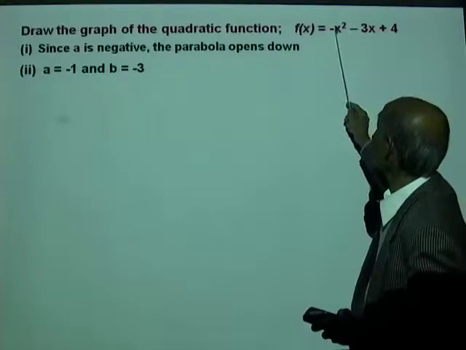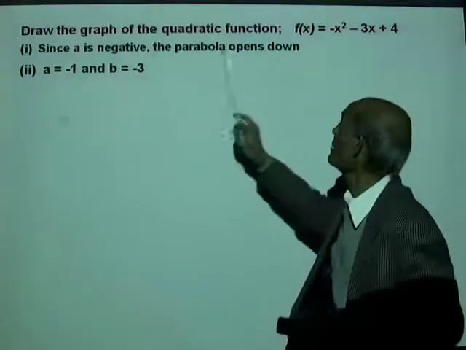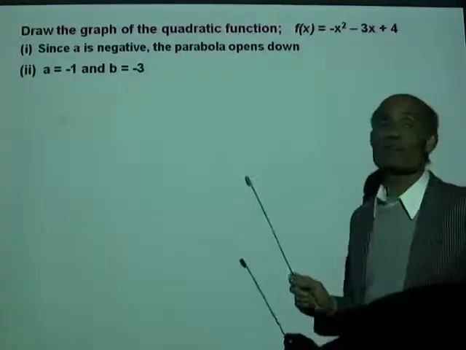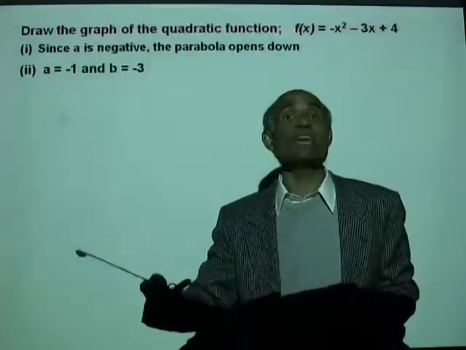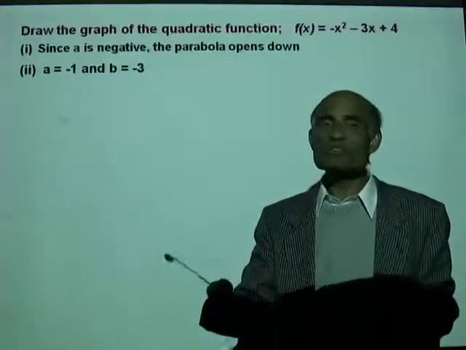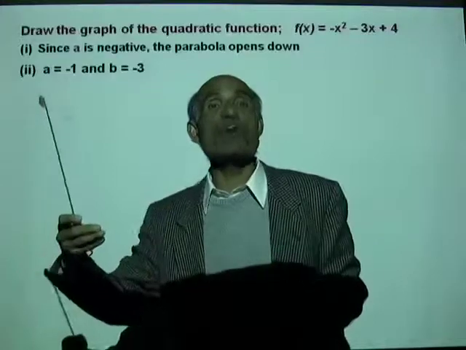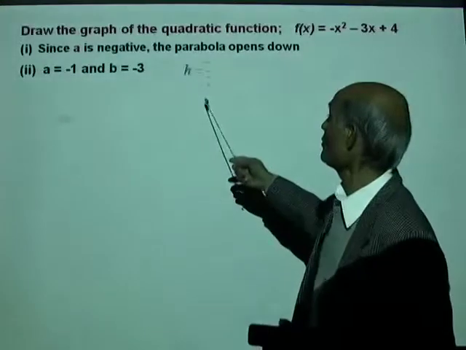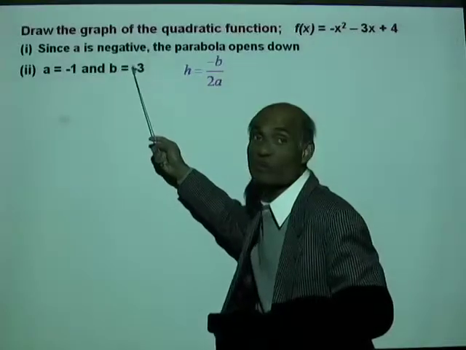And pick the values of a and b. a is negative 1, b is negative 3. And find the value of h. What is h equal to? h equal to negative b over 2a. So that will be negative b. b is negative 3.